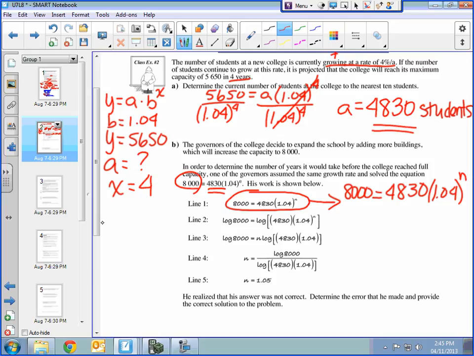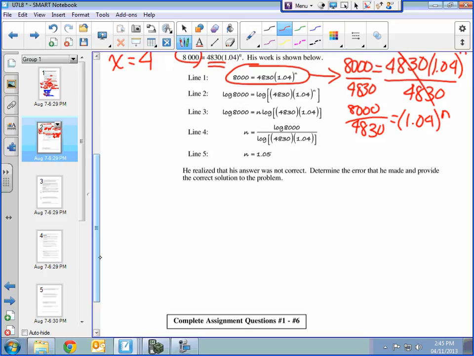First step we do is what? Divide by 4830. So I'm just going to leave 8,000 over 4830 right now. So I have 8,000 over 4830 is equal to 1.04 to the n.